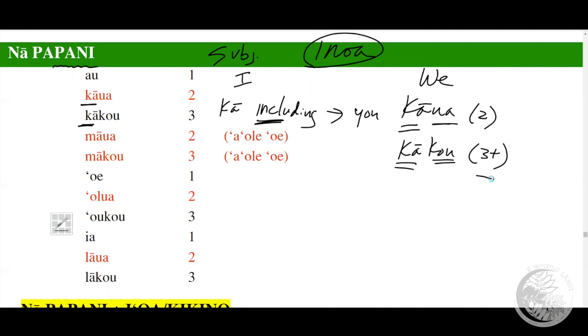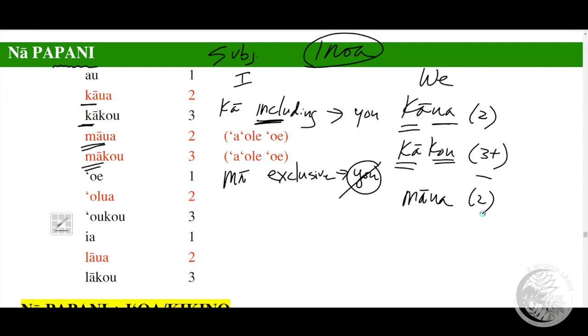Now we also have we, as we see here, coming from here, maua and mako. So ma is exclusive, as we say, meaning it excludes the you. It doesn't include you. So when I say we, meaning we, not you. So in Hawaiian, when I'm talking about we, there's 2 of us, not you, we say maua.